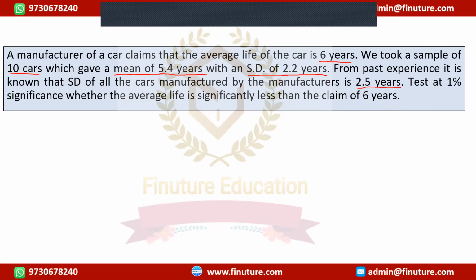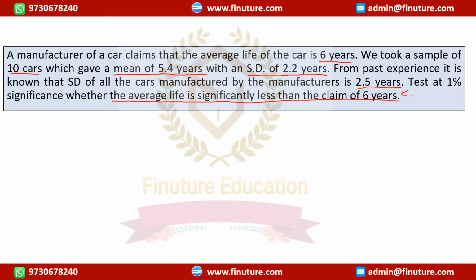So we are asked to do hypothesis testing to see if the average life is significantly less than 6 years. So this is what we have to test. Let's try to understand it from the broader perspective. It's common, right? A car manufacturer would be very confident about his product.